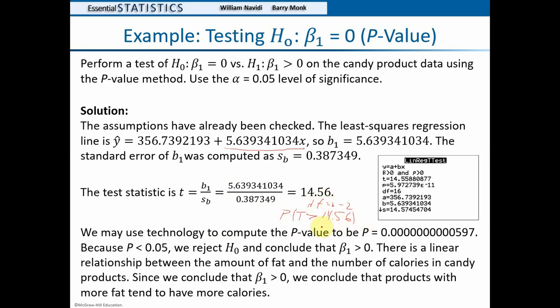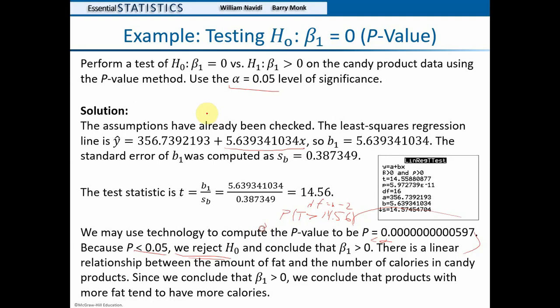And we go to the tables. To the right of this thing would be a probability value of 0.597. Less than the alpha 0.05. That's what we're testing here. The p-value is less than alpha, so we reject H0.